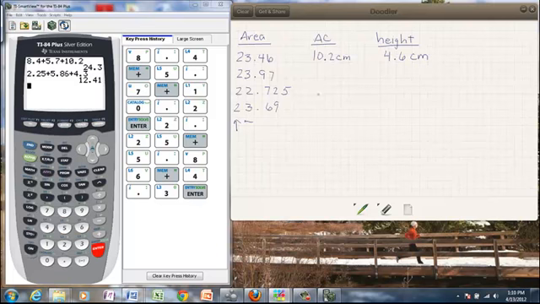So to find the area of a triangle, we use a formula that says take 1/2 times the base times the height.